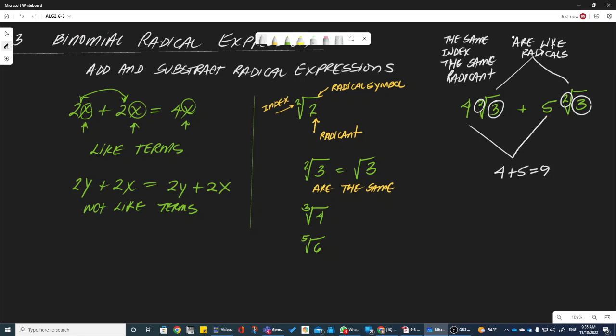So these are like radicals because of these reasons.